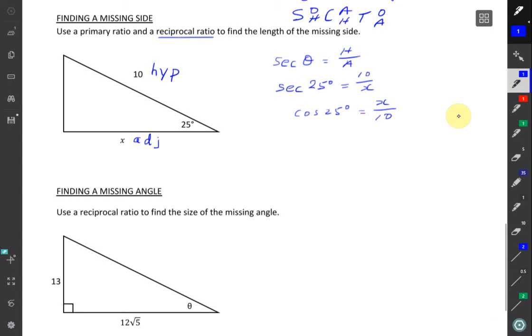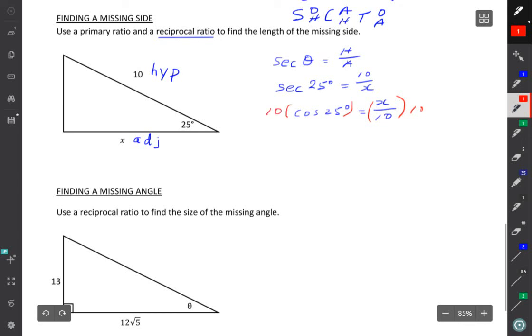In order to do this, we need to get rid of the 10 to get the x by itself. That's opposite operations. We're dividing by 10, so we're going to multiply both sides by 10. X then, which would be on the right-hand side here, is equal to 10 times the cos of 25.